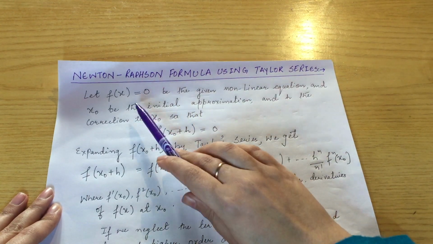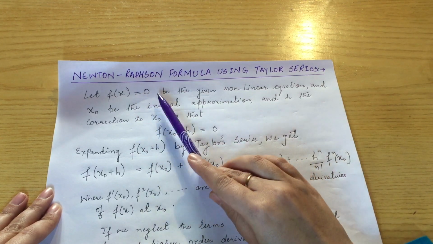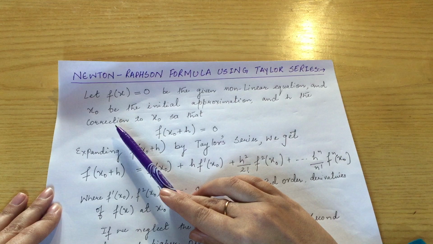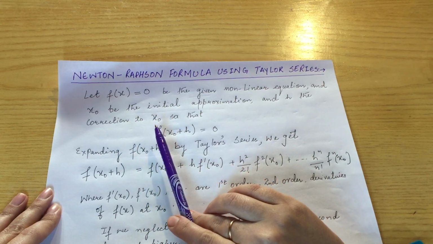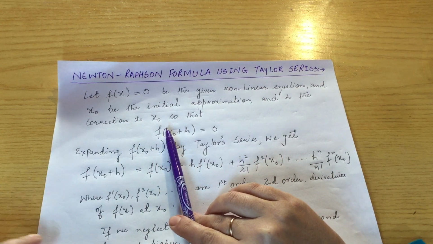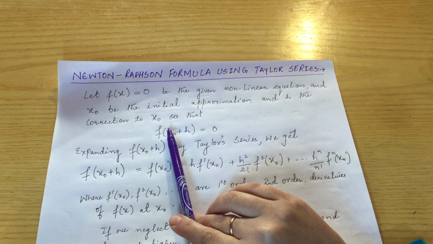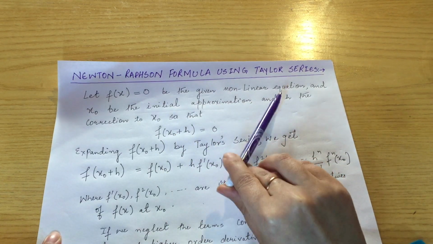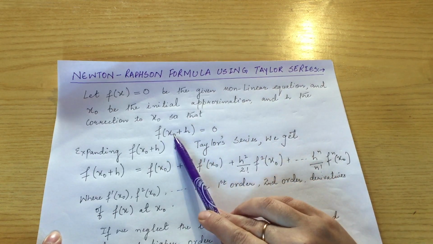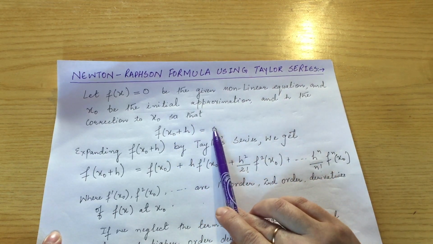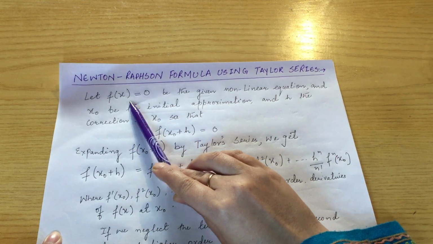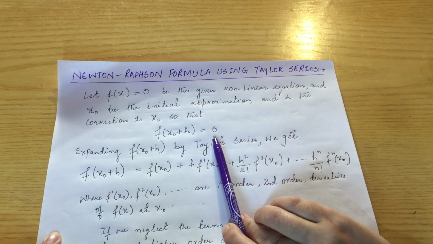So we are considering f of x is equal to 0 as our given nonlinear function, and then we are considering x0 to be the initial approximation of the root, and on that root we are taking this h as the correction. So therefore we can say that f of x0 plus h will be equivalent to 0, right?